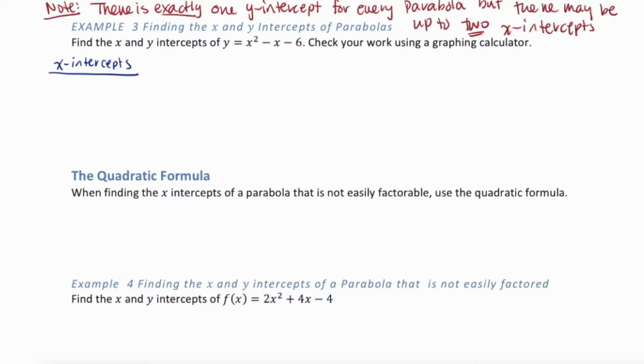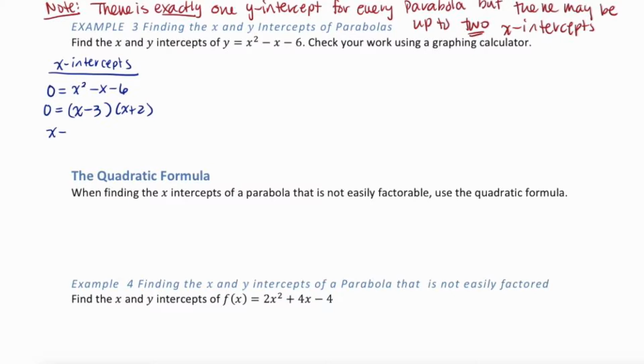So for our x-intercept, let y equal 0. So 0 equals x squared minus x minus 6. Let's factor the right side of this equation. This gives us x minus 3, x plus 2.